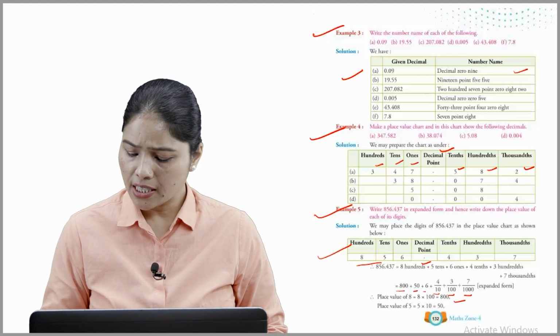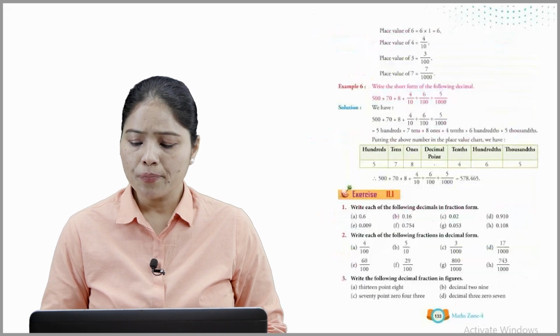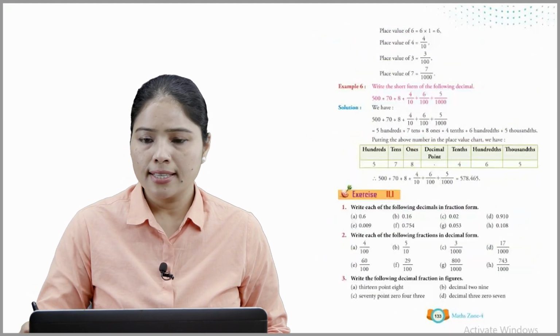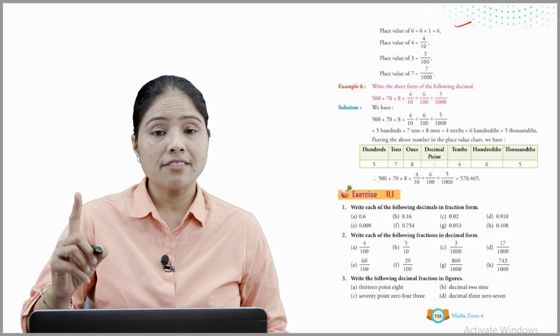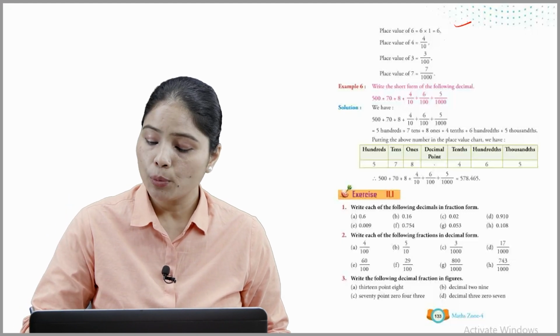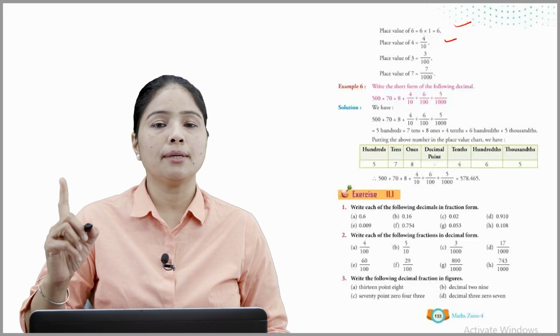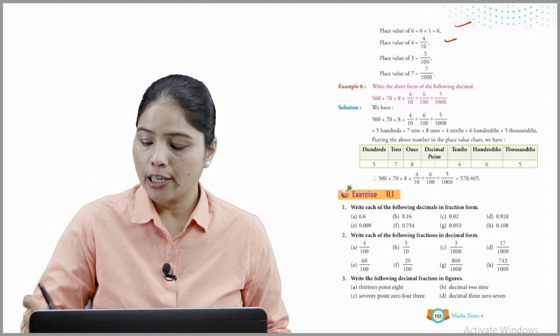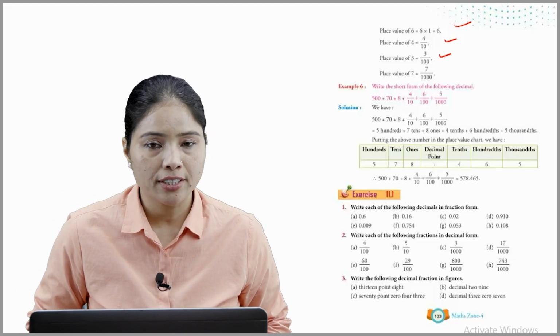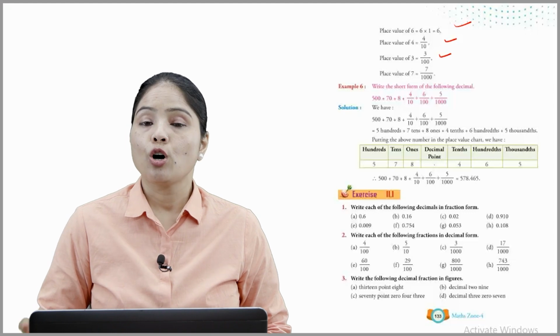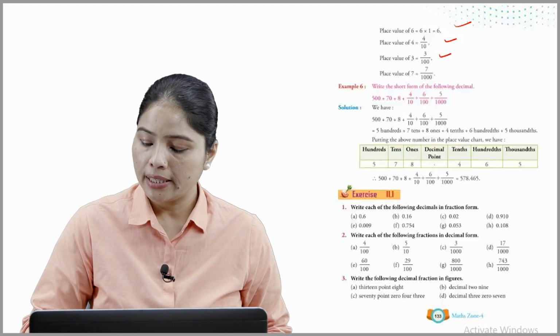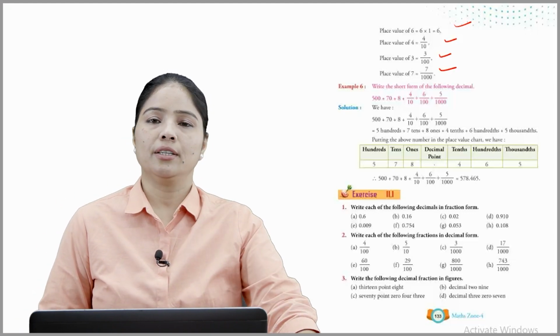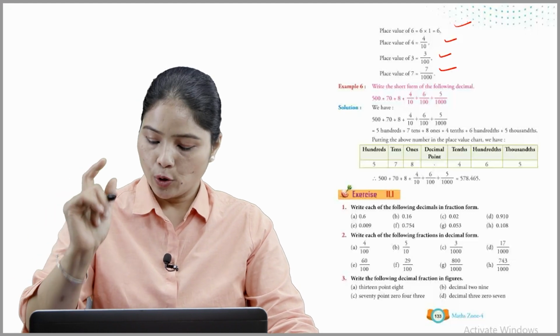Place value of 5 is 50. Place value of 6 is 6. What will be the place value of 4? 4/10, because it is at the tenths place, and the place value of 3 is 3/100, because it is at the hundredths place, and the place value of 7 is 7/1000. Okay. So I hope you understood.